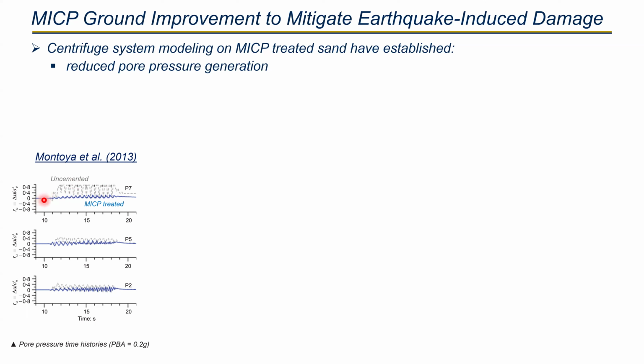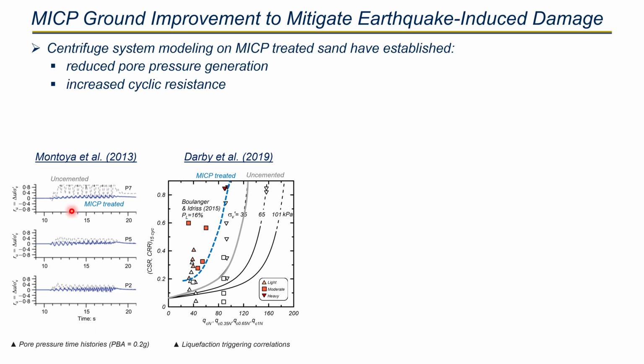But if you look at the data in blue, which is from the MICP treated sand, you can clearly see it reduced the pore pressure generation. In 2019, Kate Darby conducted another set of centrifuge tests with varying cementation levels, and they figured out that MICP has a large effect on CRR, which resulted in an upward shift of the triggering curve from the gray one to the blue one.